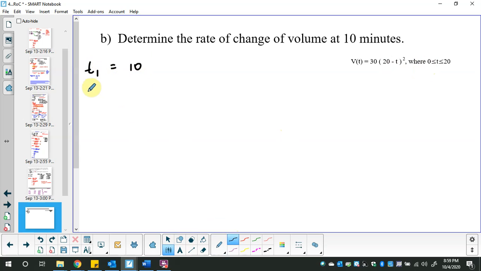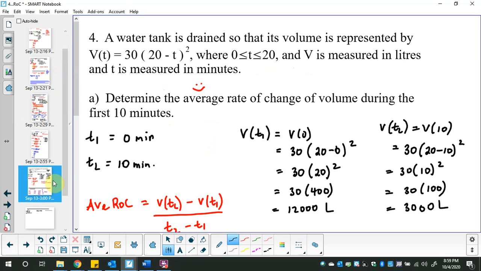But I have specified for you a time, which means I've sneakily given you a second time. Be aware of where you have done previous work.